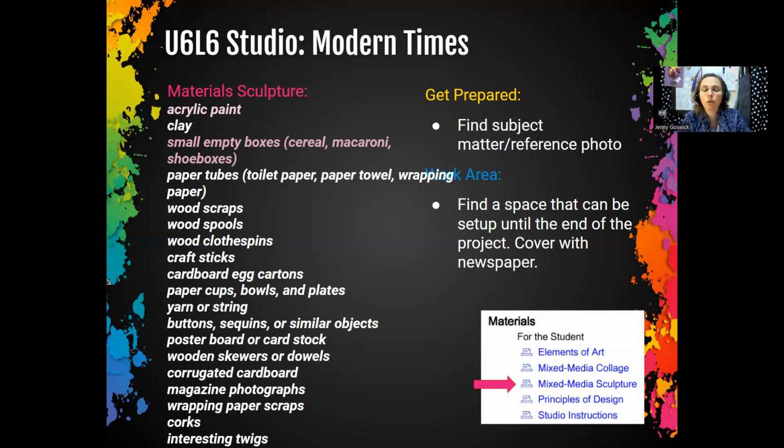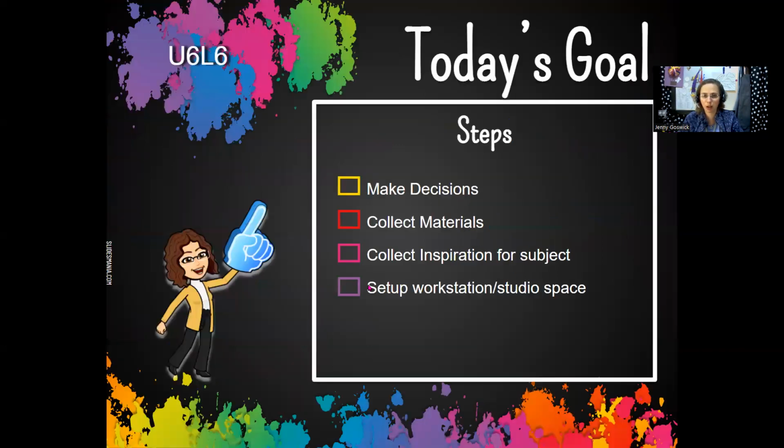The majority of my collage would be done with a glue stick, and the majority of my sculpture would be done with white glue. So just so you know, those are some things that would really be helpful in this project too. The acrylic paint for the sculpture is going to be important because that's going to help unify all of these random objects and pull them together with one color, very much like Nevelson did as well.